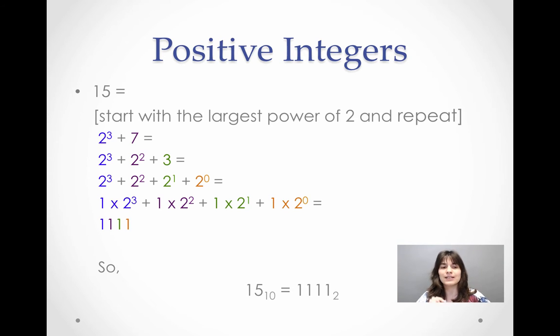And we are going to make it even more detailed and multiply each of those powers of 2 by 1. 1 times 2 to the power of 3 plus 1 times 2 to the power of 2, etc. The binary representation will be those numbers that we multiply the powers of 2 by. In this particular example, we have 1s. These are the numbers that will be the binary representation of 15.